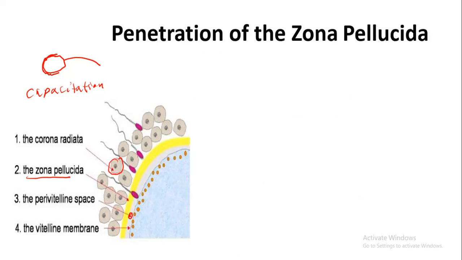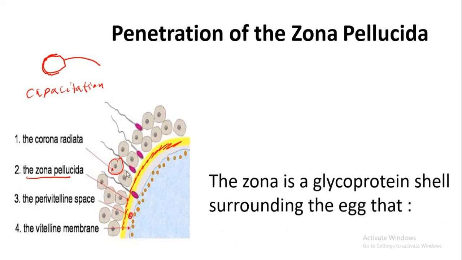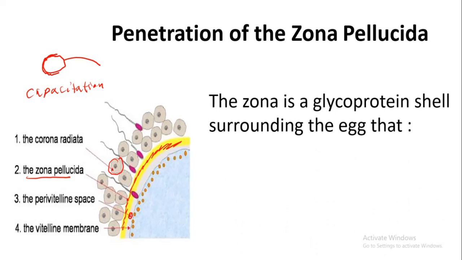We need to understand one thing. What is this zona pellucida? This boundary here in yellow, what is it made of? What is its function? The zona pellucida, just like a sperm, is made up of a glycoprotein shell.